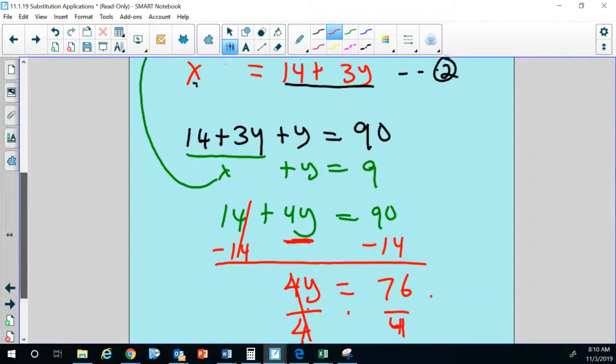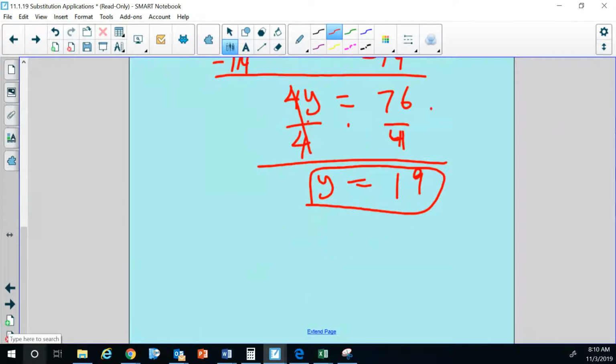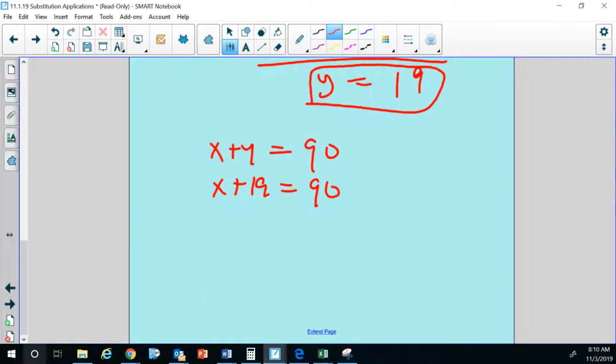So x plus y is equal to 90. Let me extend the space. So the first equation, right, is x plus y is equal to 90. We know what y is. Y is 19. So x plus 19 is equal to 90. Subtract 19 on both sides.